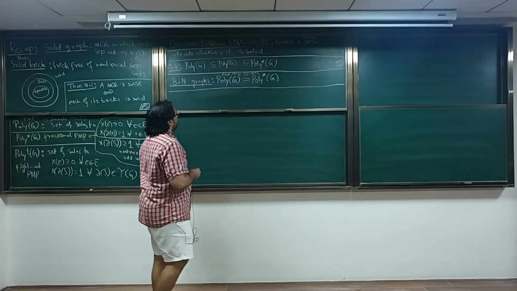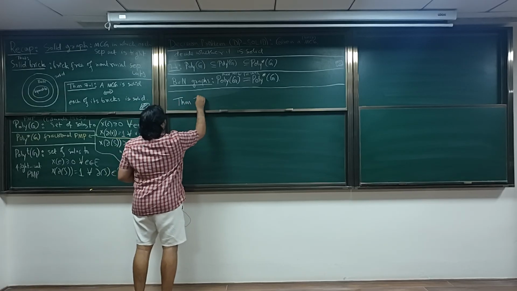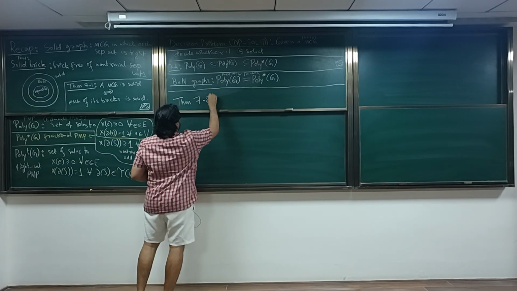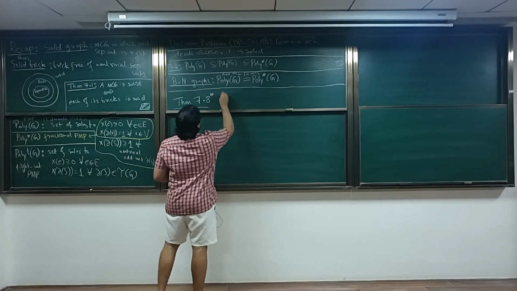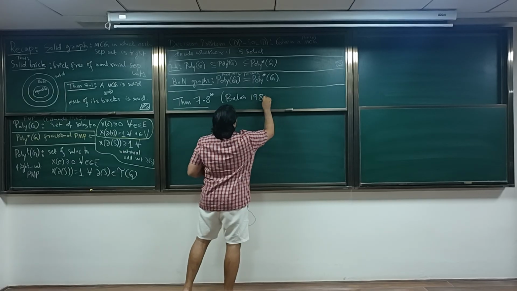And the thing that we were trying to prove, I actually forgot to mention this theorem 7.8 star that we were proving last time and did not finish, is actually due to Balas, 1981.